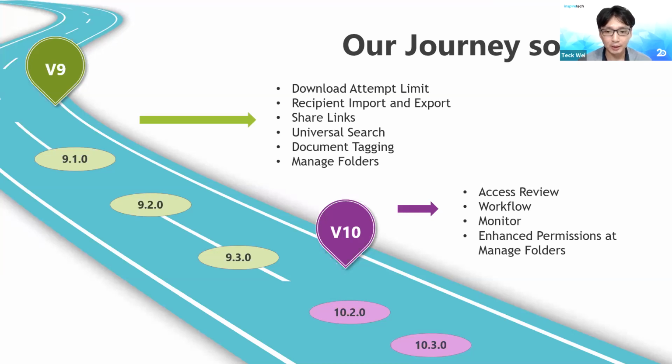There are also improvements to our links. Some of our older customers might remember that in the past, we had a particular type of link for our EasiShare desktop, and another type of HTTP link for our web portal. That has been standardized to use the latest HTTP method, something like what you experience when you come in through Zoom or Teams. We also added some controls such as download attempt limits.